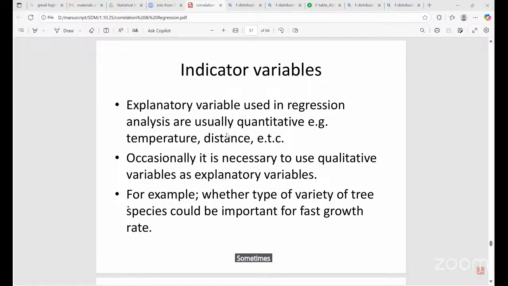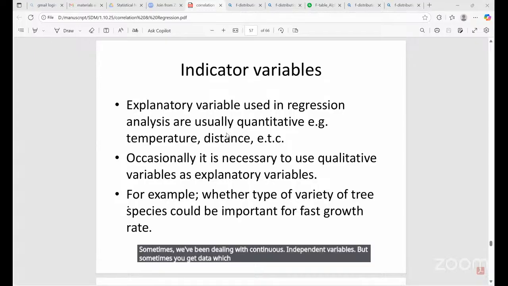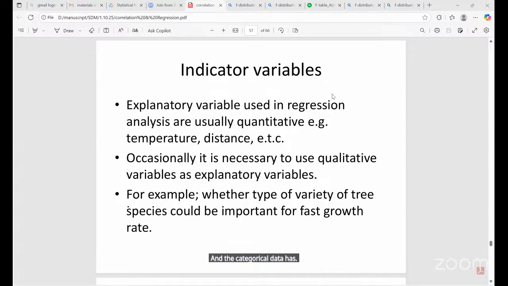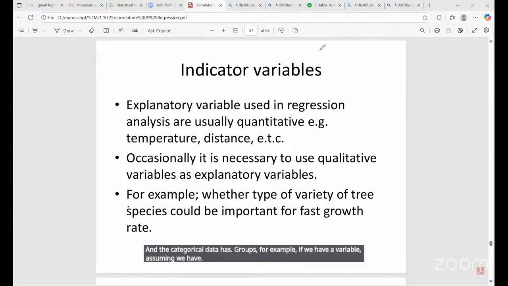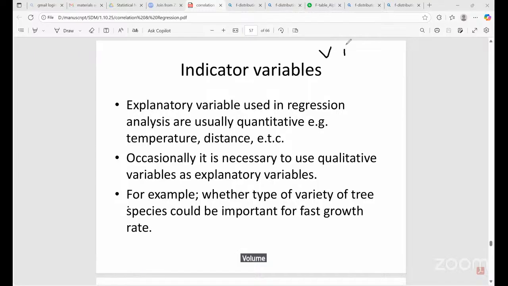Sometimes we've been dealing with continuous independent variables, but sometimes you get data which is categorical. And categorical data has groups. For example, assuming we have volume, diameter, height, and then species.